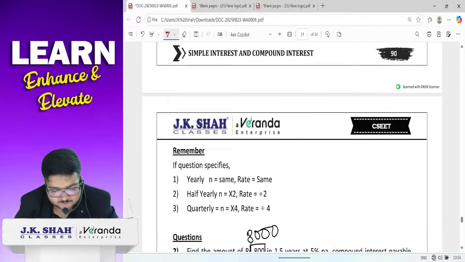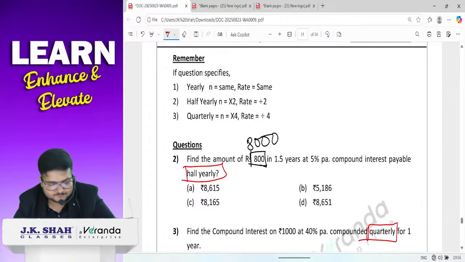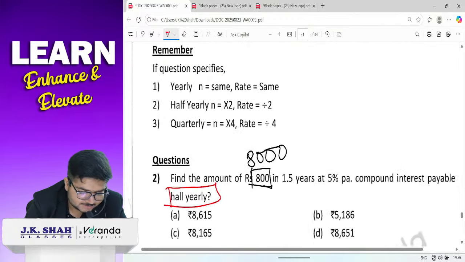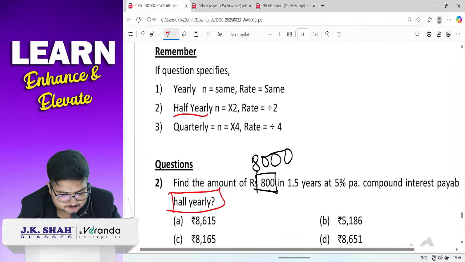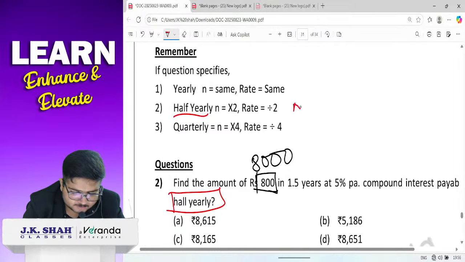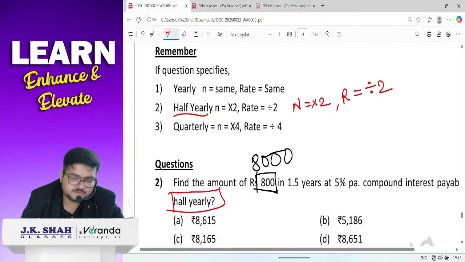But whenever they want to ask half yearly or quarterly sums, they will always mention it. If they ask you a half yearly sum, you have to make two adjustments in your sum. First, you will always multiply the number of years by 2, and you will always divide the rate of interest by 2.